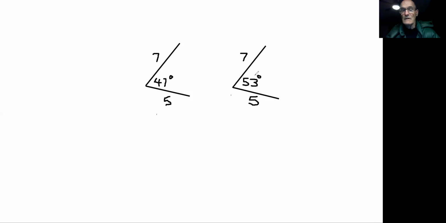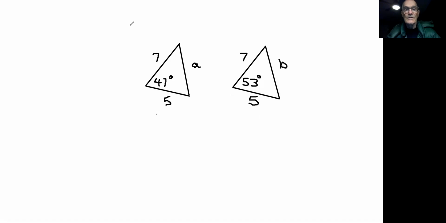Now, if I go back here and connect the endpoints of these two angles, so I've got this here, I've got this here, and we will call this side A, and we'll call this side B.